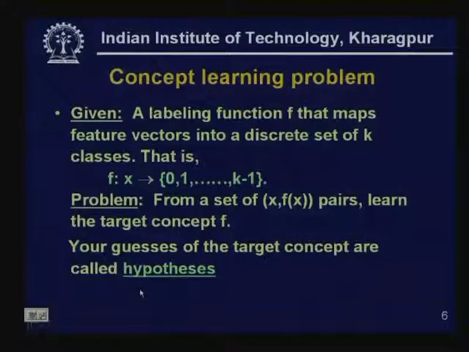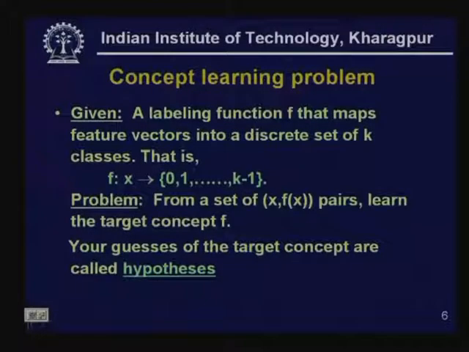And there is an underlying labeling function f that maps an instance to a class. Sometimes we will be interested in two class learning problems. In those cases, we will say that some of these instances are positive examples of a class and others are negative examples of the class.